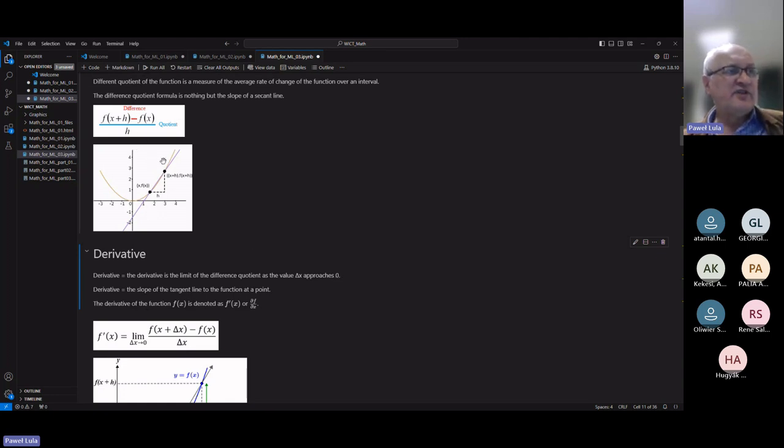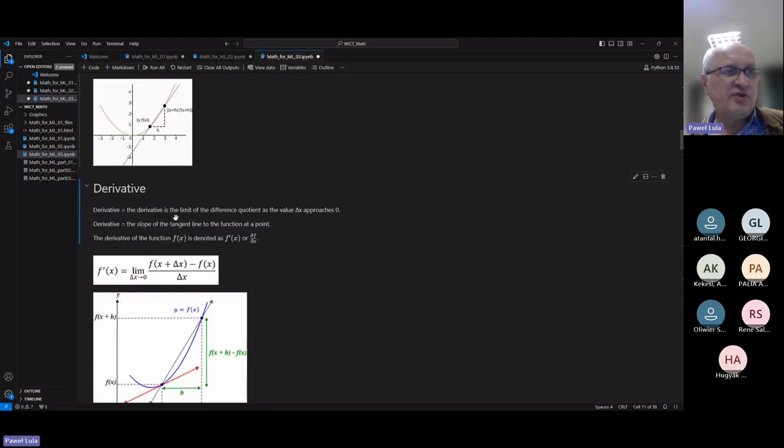So please think about the situation which we have here in this picture. We have value h here. It is equal to about 1.5. But what happens if this h value is very, very small? 0.00001.